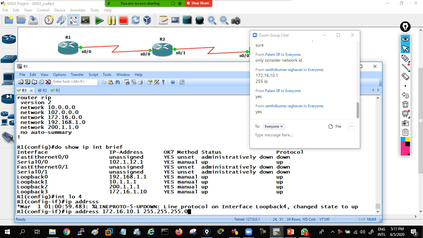Is it clear, Senthil? Say yes if you understand this.